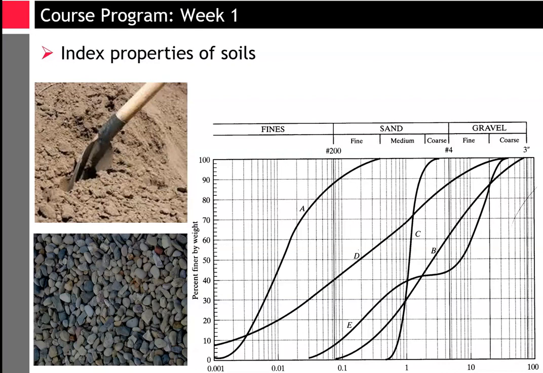The first week will cover mostly the basic information we need for embankment design, which includes index properties of ground materials, how we quantify ground materials, looking at different sizes of soils and seeing in which portion of embankments we can use fine-grained soils, coarse-grained soils, and their behavior and performance.